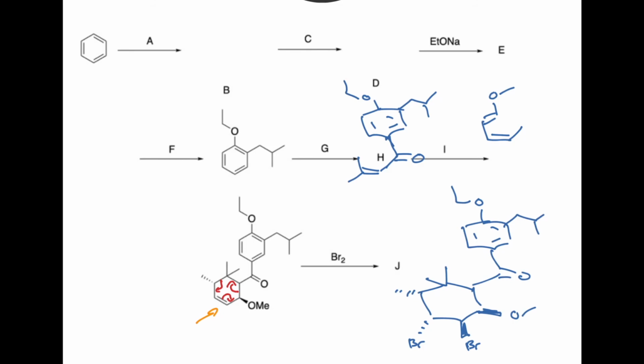So how can I put this ketone on the ring? Just the acid chloride.